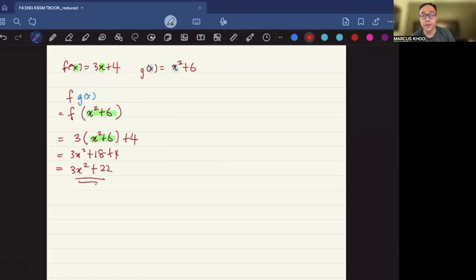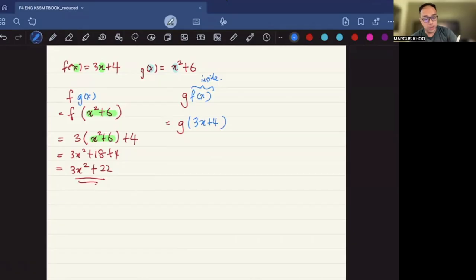Okay, end of story. Next thing, same thing, g, but now we put f(x). So the first thing we do is substitute the function first, since this is the inside function. The inside function is an object. So we put the function in first. So this will give us g, and then our f(x) is 3x plus 4.